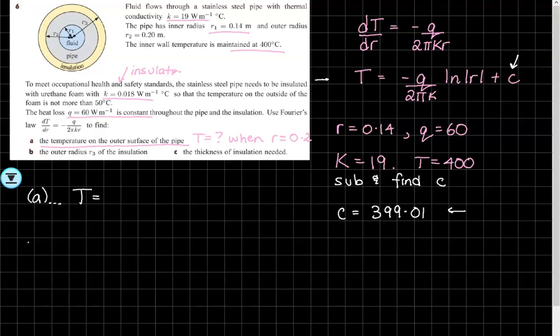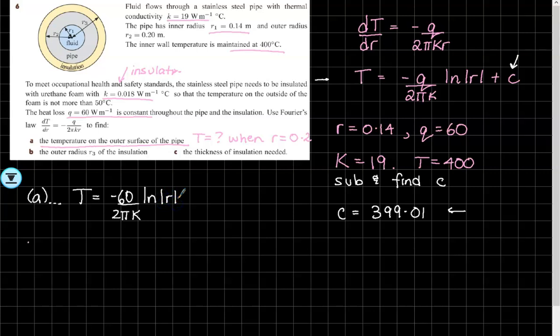So we've now got temperature, and I'm going to put the minus Q in again. Q is constant, correct? Yes. Q is constant. We get 2, we get pi. I'm going to put K because the K changes on whereabouts in the pipe we're hitting, same as the radius.